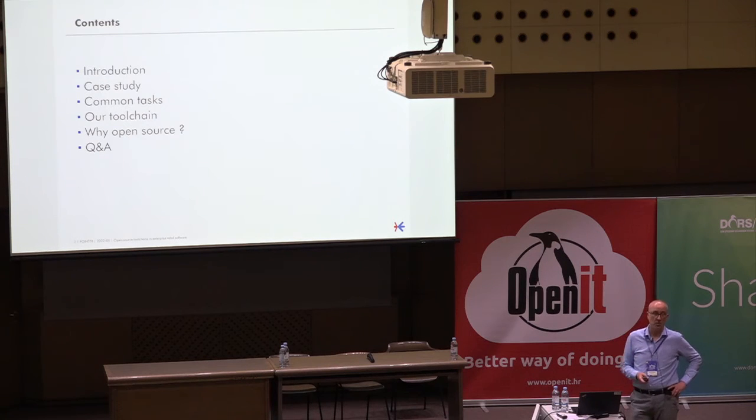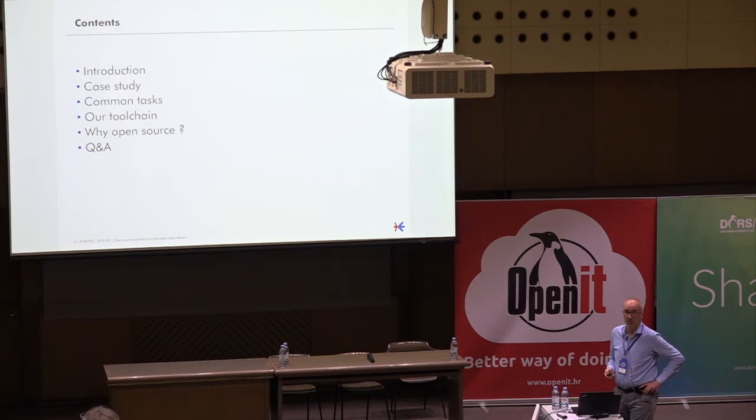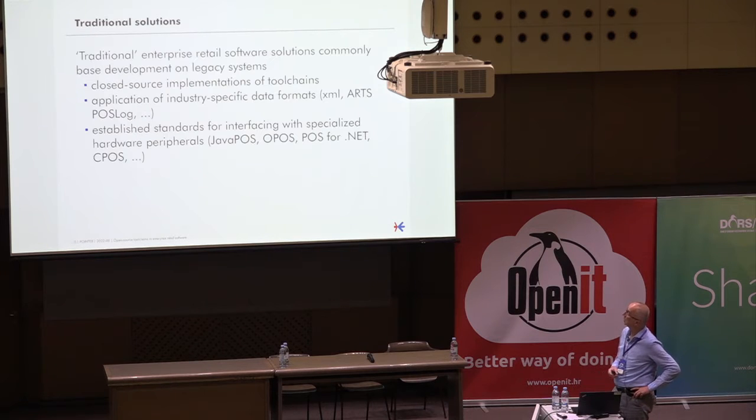I will give some notes on the toolchain we selected, why we did this, and why in general about open source, and how this helped us, obviously, in our development path. I will also try to identify some examples where we struggled a bit and where the whole approach and the logic of open source helped us.